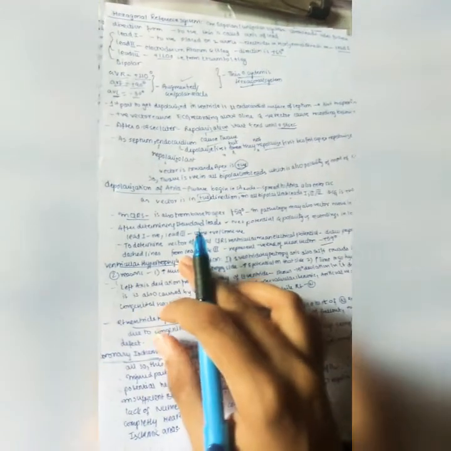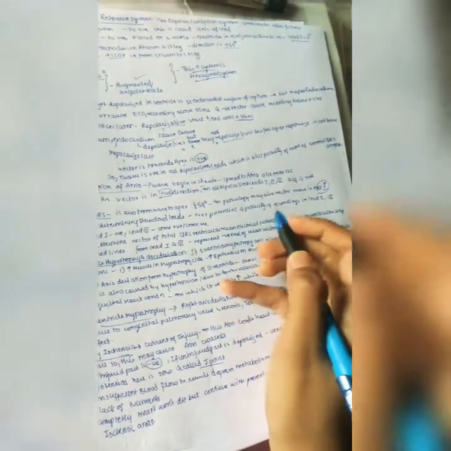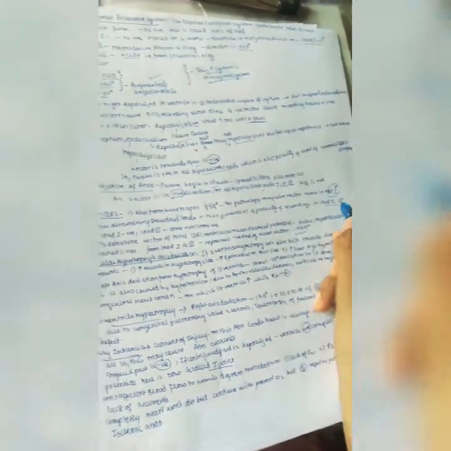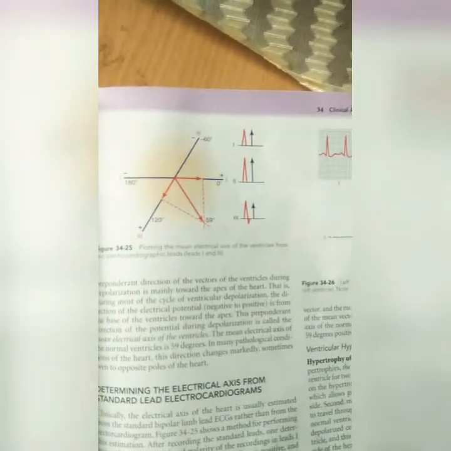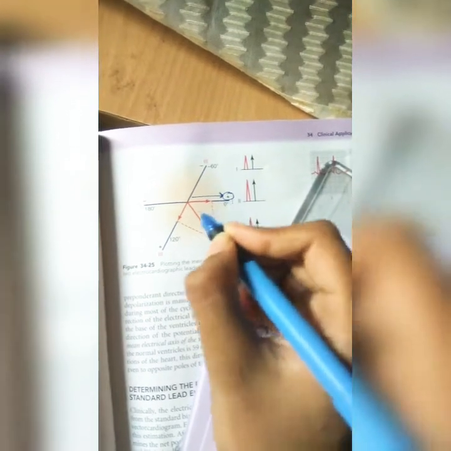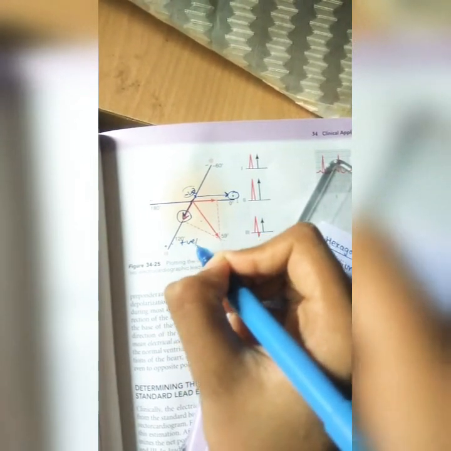And next, after determining the standard leads, the positive potential and polarity of recordings are mainly seen in lead 1 and lead 2, and lead 3 is somewhat positive and somewhat negative. In this diagram, lead 2 is completely positive, lead 1 is completely positive because it's towards this, but lead 3 only completes half the portion, meaning half of it is also negative. So lead 3 is half positive and half negative.